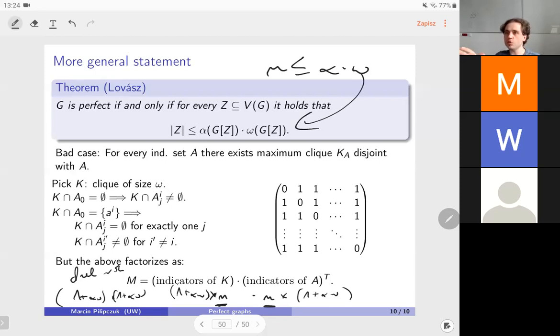If you have a square matrix of full rank, you cannot factorize it as a product through a smaller dimension. This is basically linear algebra: it is a bijective linear transformation of the entire space, so you cannot squeeze it into a smaller dimension and then squeeze it back.